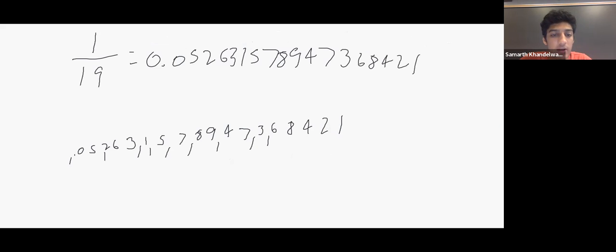So I'm going to write this line. This line just means that it's repeating. I know the line was used to mean negative in other contexts, but I can't write a straight line. In this context, it means repeating.